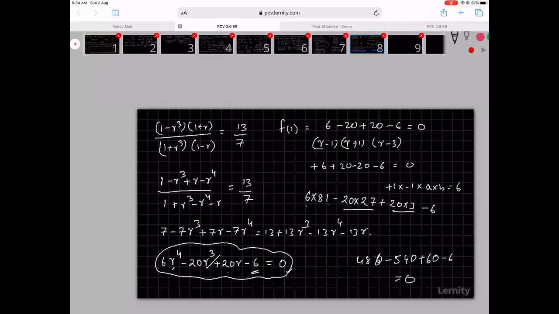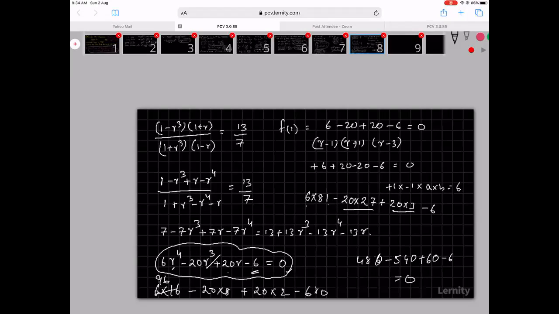Now try 2. If you try 2, 6 into 2 power 4, 2 power 4 is 16, minus 20 into 8 plus 20 into 2 minus 6. So this is 96, and 96 minus 6 is 90, 90 minus 160. Oh, this is not a factor.